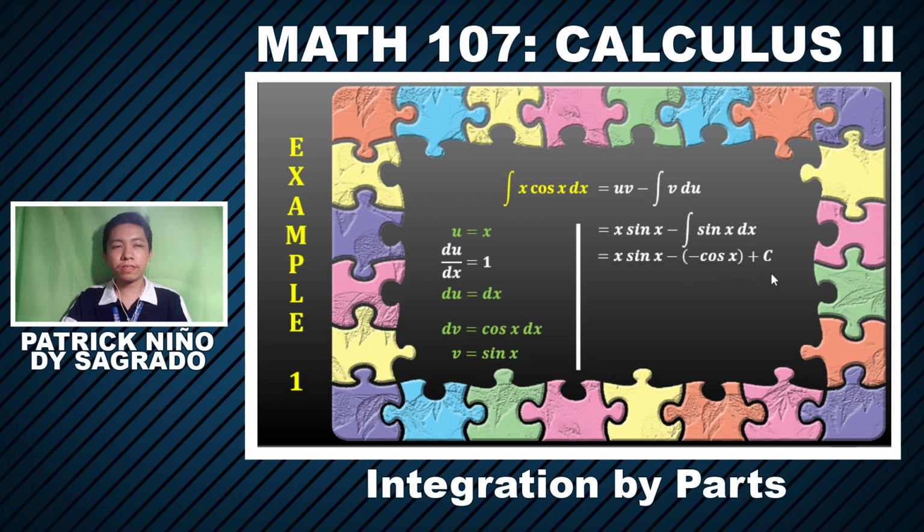And don't forget to add the constant. Then we can simplify that further by turning that into a positive sign. So that is the final answer. The integral of x cosine x dx is equal to x sine x plus cosine x plus c. That is the final answer.